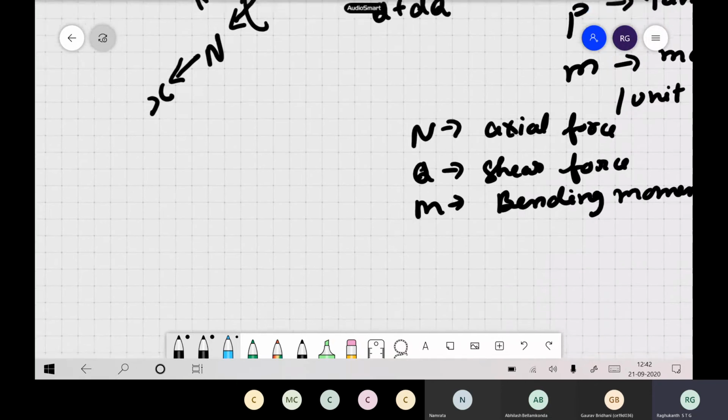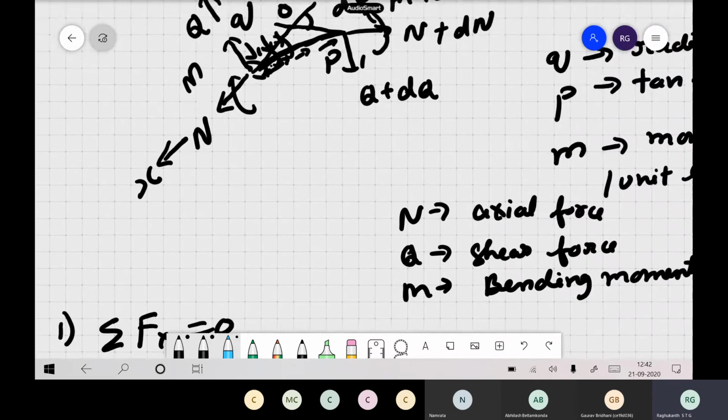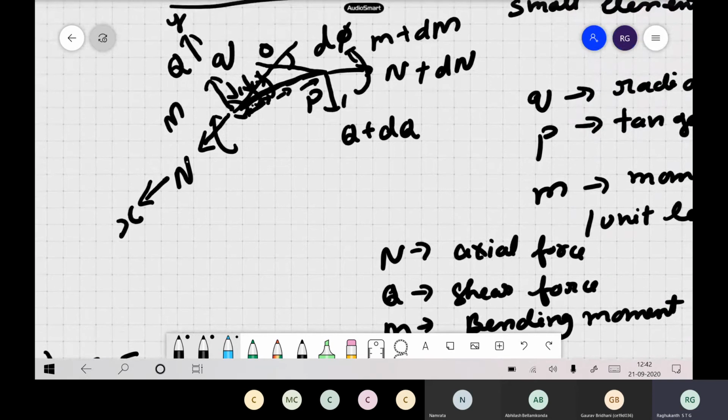If I take the axes like this and try to find the summation of all forces, that is sigma Fx equal to 0, here you have N in the x direction, and N plus dN also will have a component in the x direction. For that you have to find N plus dN into cos of d phi, since this angle is d phi. Similarly Q will be there, then Q plus dQ.